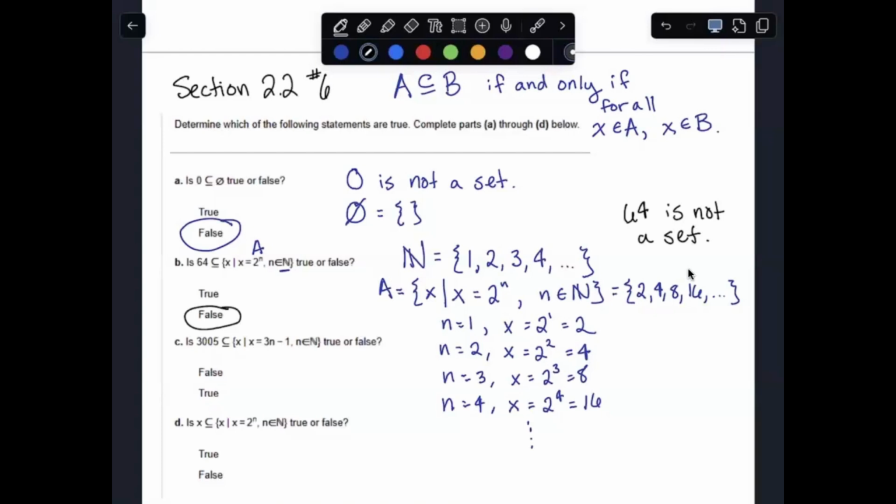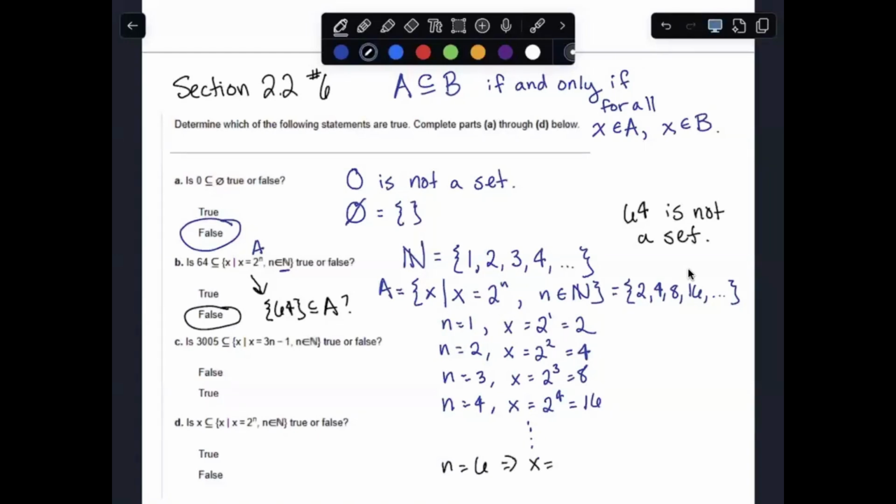Now, what we could say, if we wanted to make this into a true statement, is we would ask, is the set with just 64 in it a subset of A? This would be true because I would eventually find, I think it's going to be N equals 6.